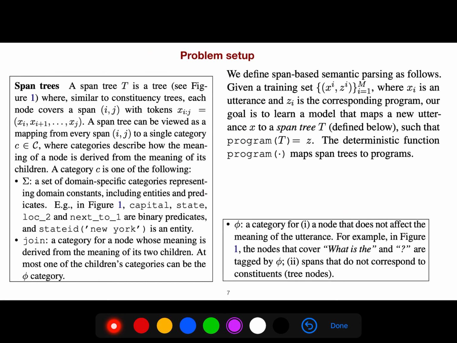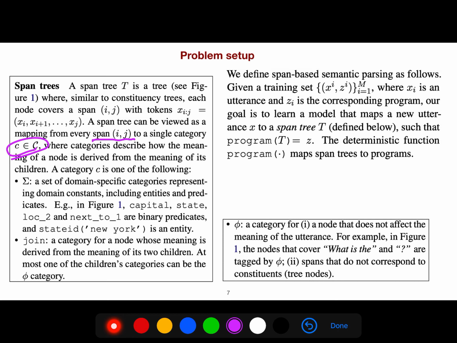A span tree can be viewed as a mapping from every span to a single category. But here categories are different. Categories are like join and those very simple things, where categories describe how the meaning of a node is derived from the meaning of its children.